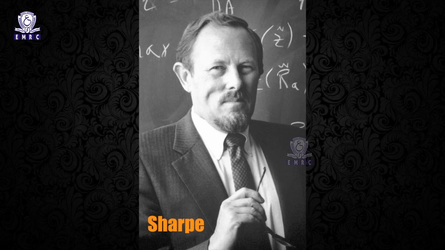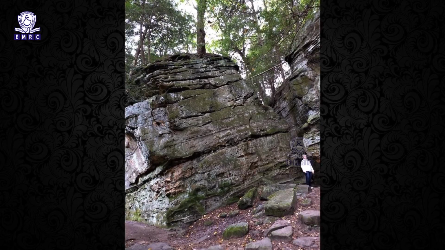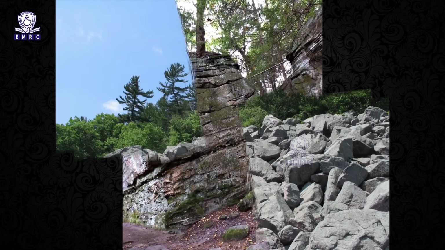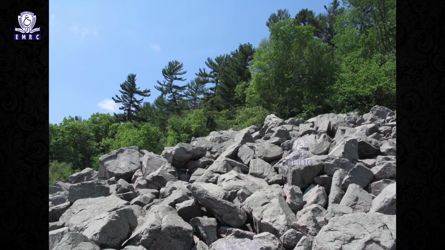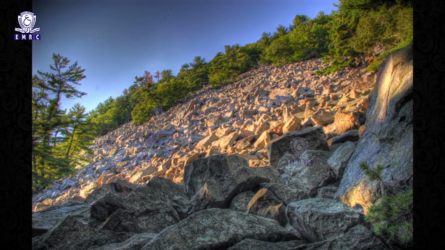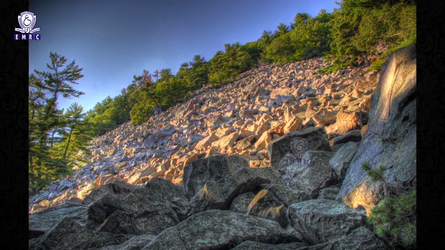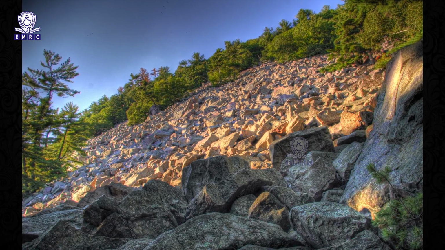Rock creep. According to Sharp, the movement of individual rock blocks downslope is called rock creep. The detached boulders are often found at considerable distance from the cliff. This type of creep is likely to be most noticeable in rocks like granite with widely spaced joints.